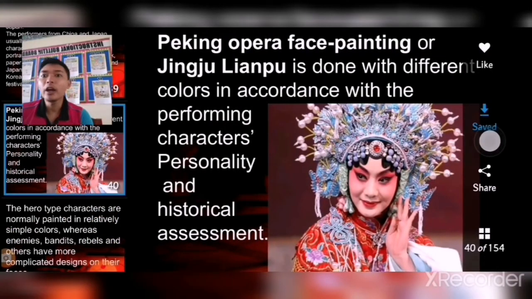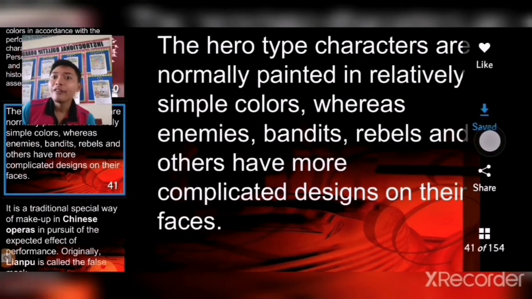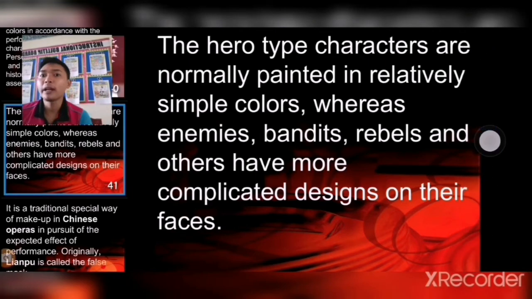Now, Peking opera face painting or Jinju Lianpo is done with different colors in accordance with the performing character's personality and historical assessment, and each color represents something about their character and personality. The hero type characters are normally painted in relatively simple colors, whereas enemies, bandits, rebels, and others have more complicated designs on their faces.